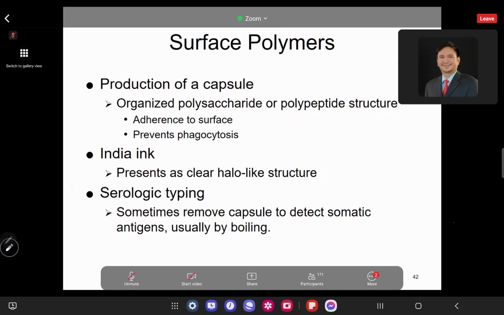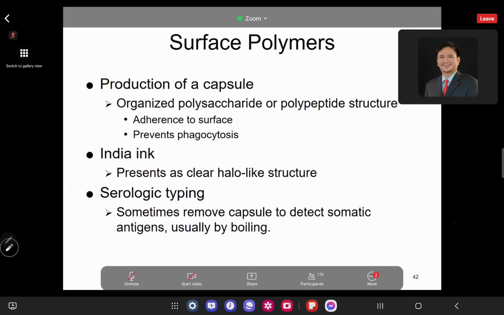Other structures of your prokaryotes, you have your surface polymers such as your capsules. Now, capsules are organized structures made of polysaccharides or polypeptides.